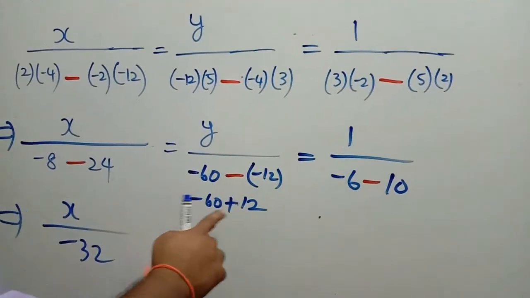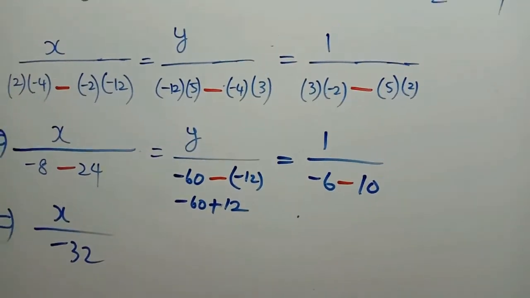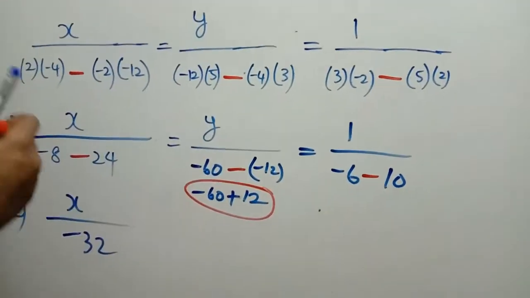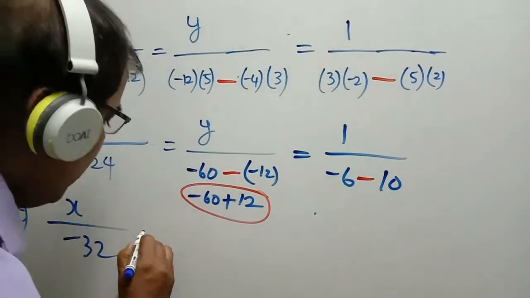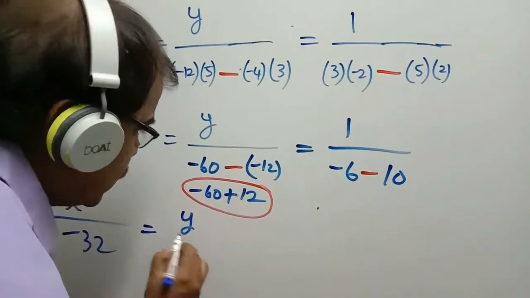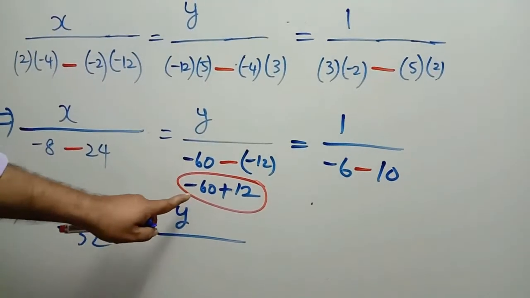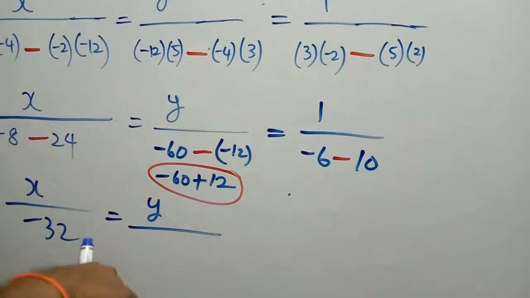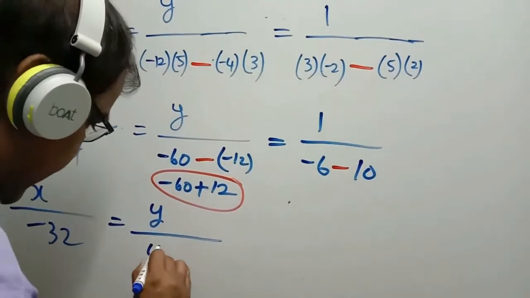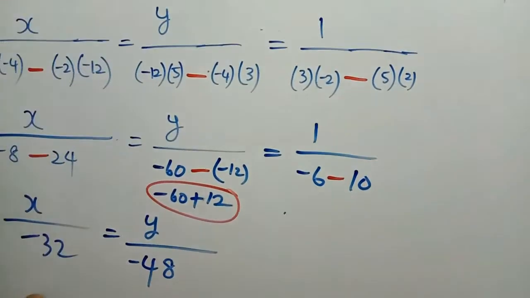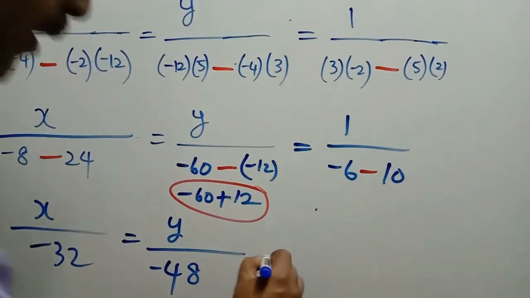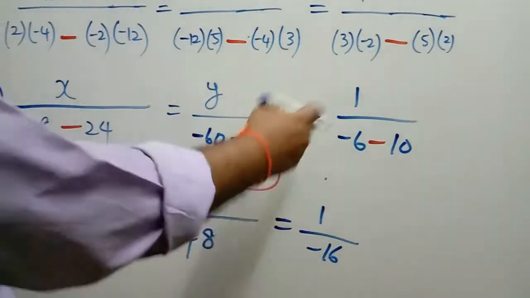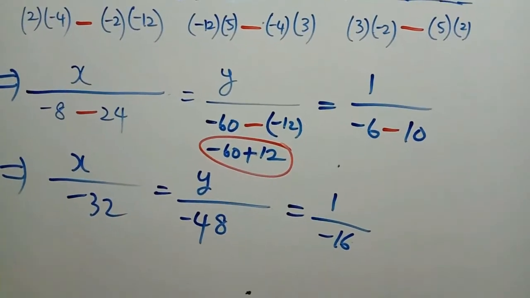Not negative, positive, plus 12. So here I wrote it separately. Then y by minus 60 plus 12, that is nothing but 12 minus 60, which is 48, minus 48, is equal to 1 by minus 16. Minus 6 minus 10 is minus 16.